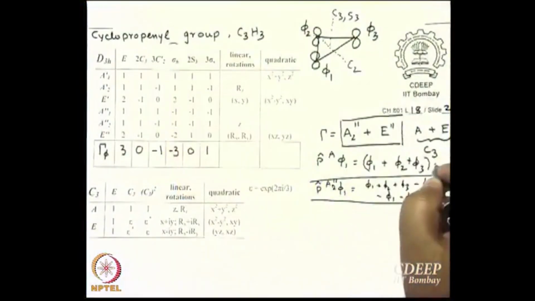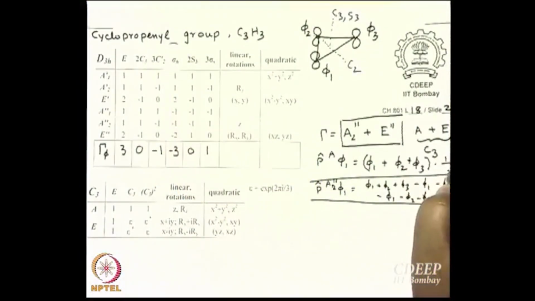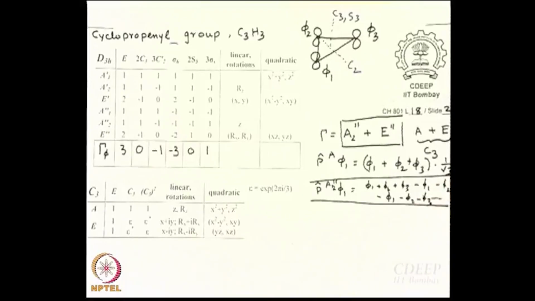Now, what will be the normalization constant? Root 3, 1 by root 3. So I hope everybody is convinced that no matter whether we work in the full D3h group or whether we work in the C3 subgroup, at least for the first one, for the one dimensional representation, we get the right answer.